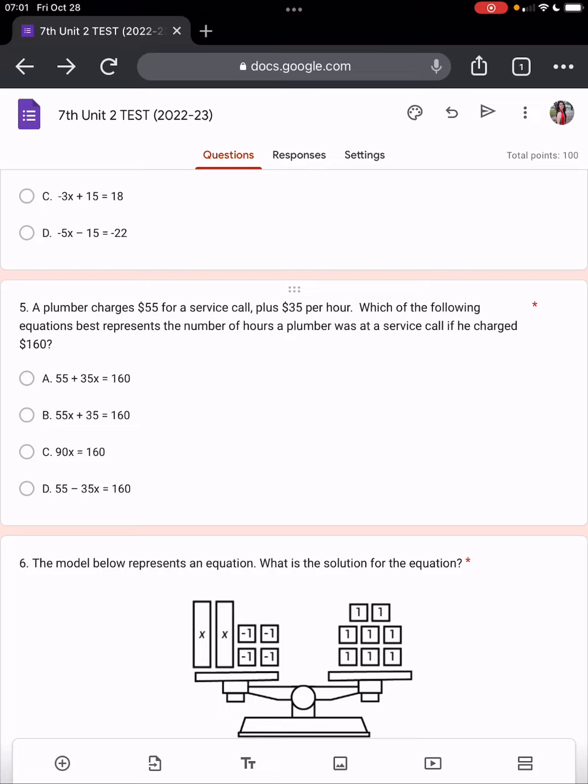B. 55x plus 35 is equal to 160. C. 90x is equal to 160. D. 55 minus 35x is equal to 160.